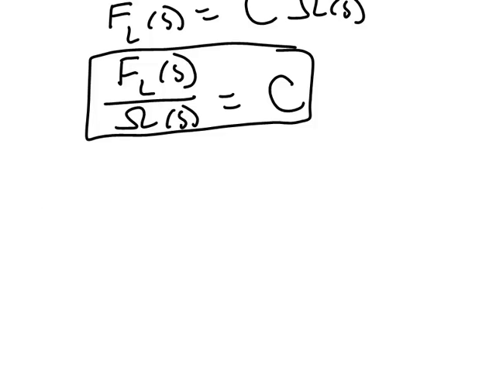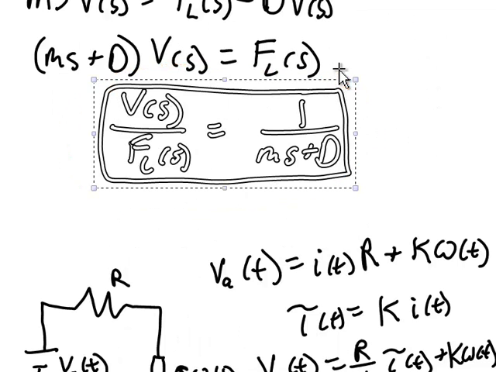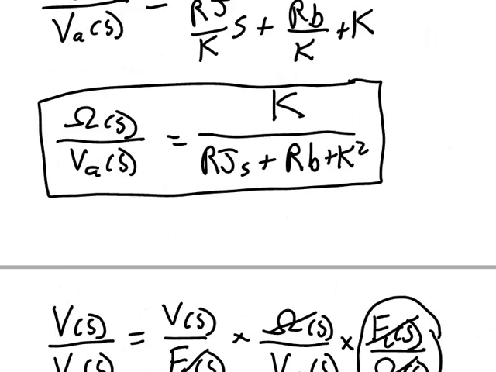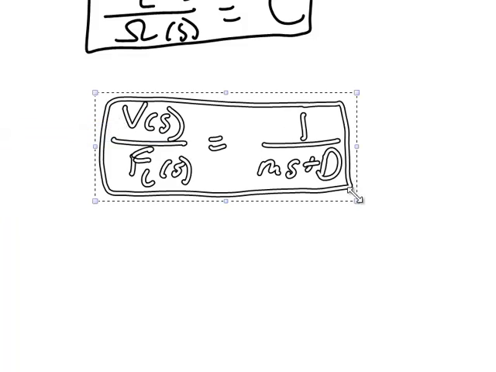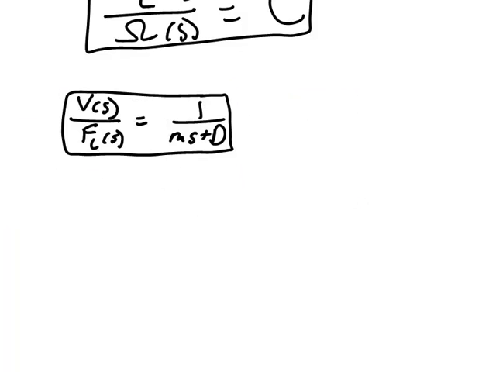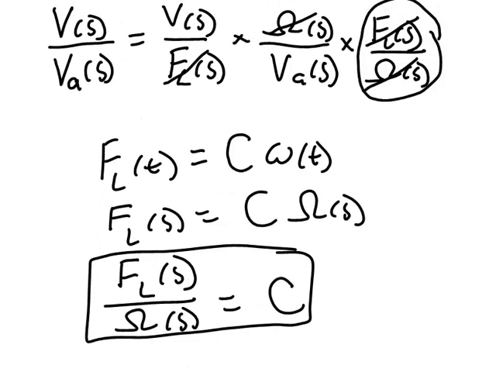Let's start by getting V of S over FL of S. Next, let's get omega over VA.